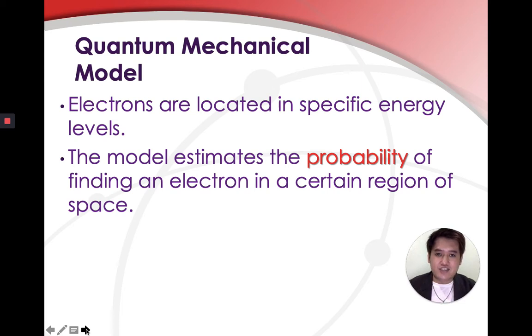The energy levels are not thought of as orbits anymore, but as orbitals. So when you say orbitals, these are regions of space where there is a high probability of finding an electron.